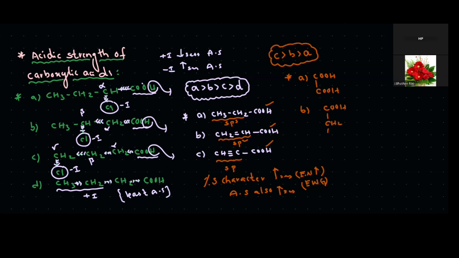This one is called malonic acid. So A is oxalic acid, B is malonic acid. Next, the third one.